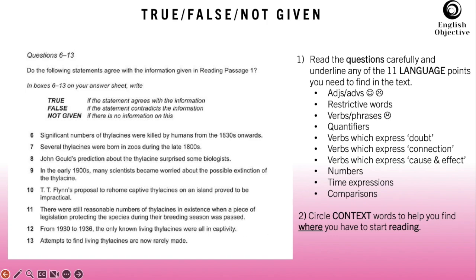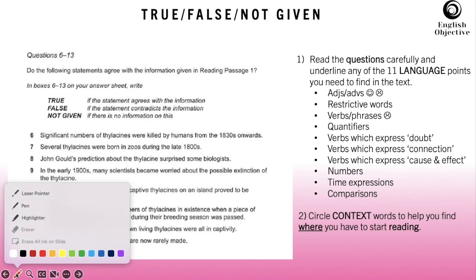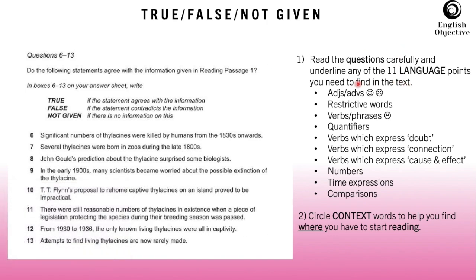So just for now, we need to underline all of the 11 points that we can find in each sentence, and then we're going to circle the context keywords, the specific unique keywords that will help me find where to start reading in the text.